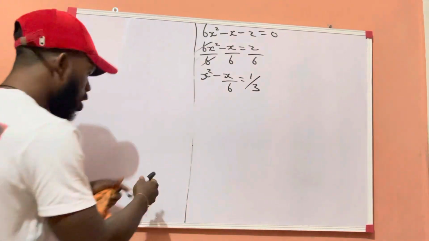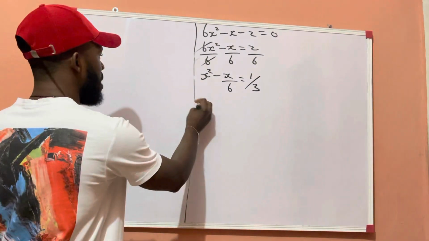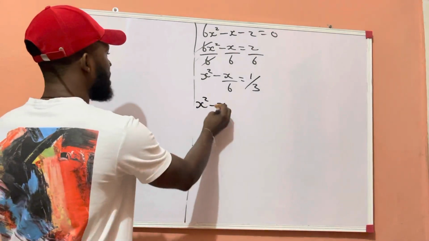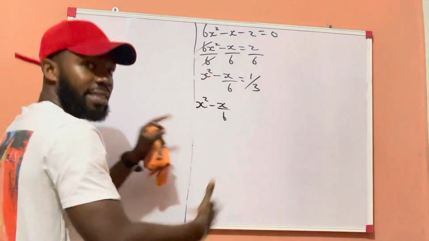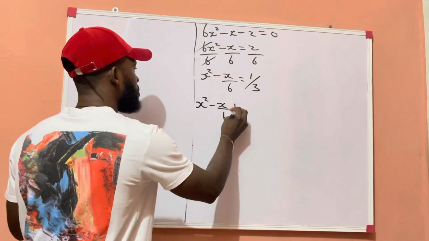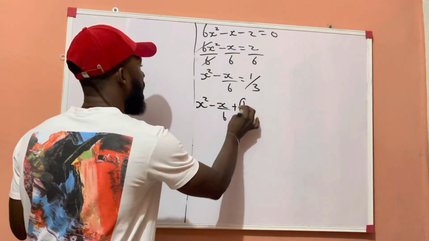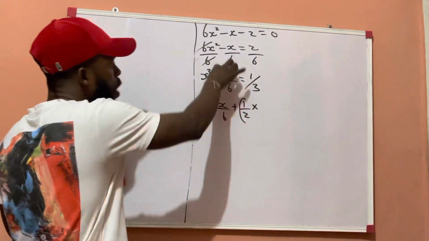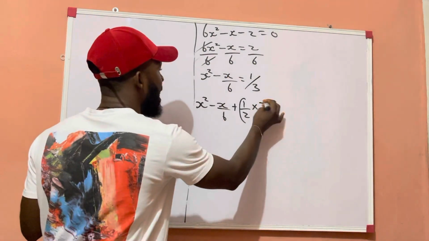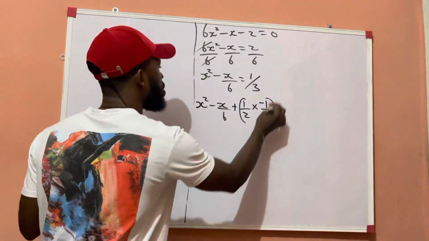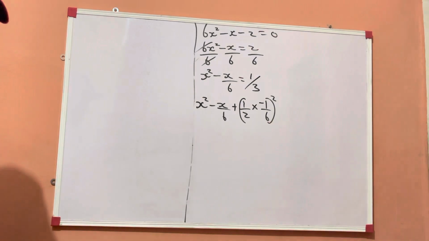Now, introducing completing the square, we're going to have something like this. x squared minus x over 6. You have to write it first, then you introduce plus bracket 1 over 2 times, what's our b now? Our b now is minus 1 over 6, raised to the power of 2.